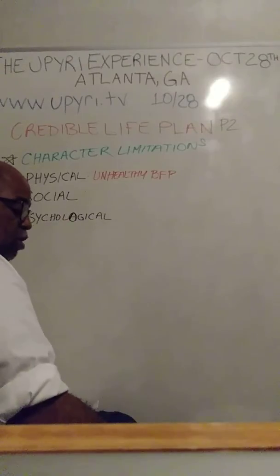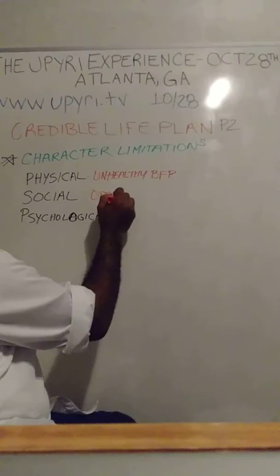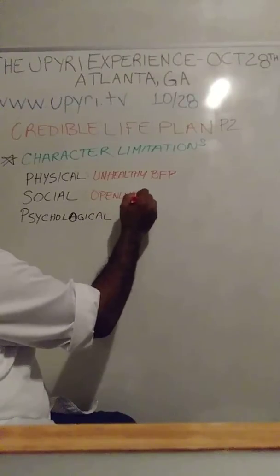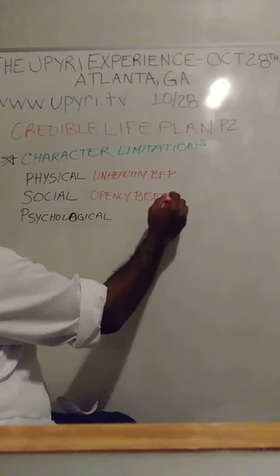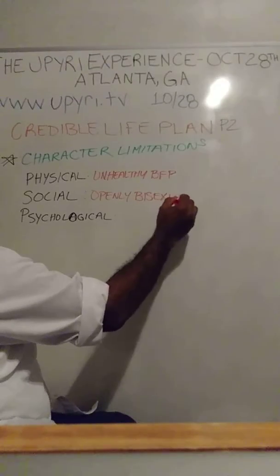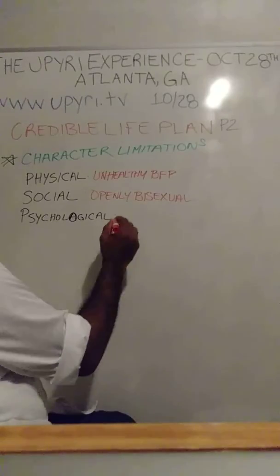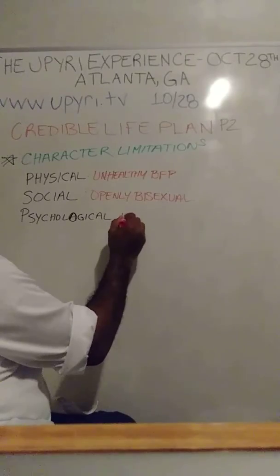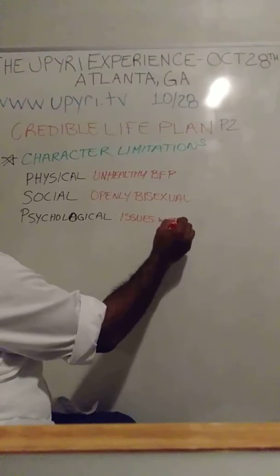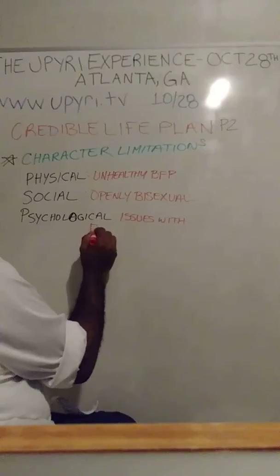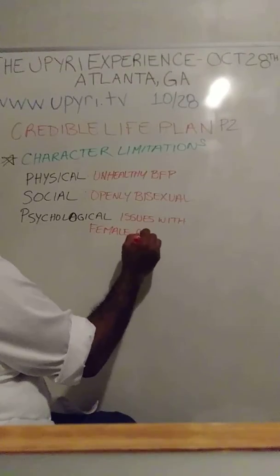Socially, he's gonna have a problem because he's openly bisexual, or he doesn't categorize himself as that, but he also doesn't shy away from it. And then the psychological one is issues with female authority.